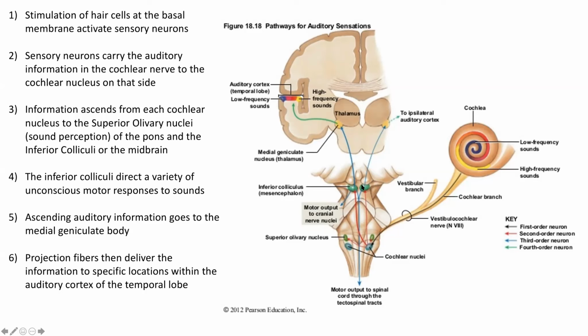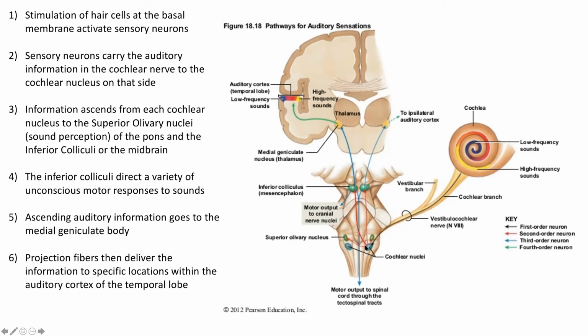Then fibers go up and synapse at the medial geniculate nucleus of the thalamus, and then out towards the auditory cortex in the temporal lobe. That's the pathway that we see from the cochlear portion.